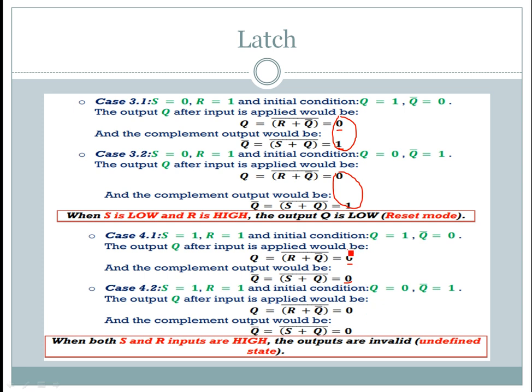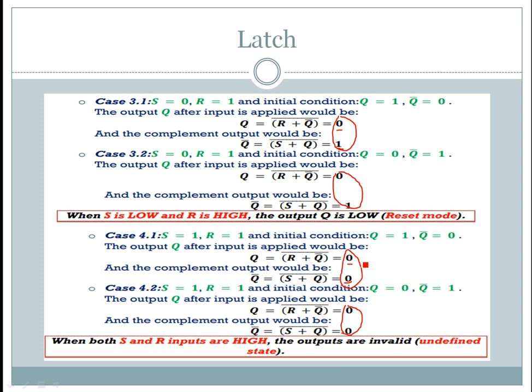Now just observe the Q and Q bar values: both are equal, but we already know that Q and Q bar are complement outputs. If Q is 0, Q bar should be 1 because it is the complement of Q, and if Q is 1, Q bar should be 0. But in this case both are 0 0.